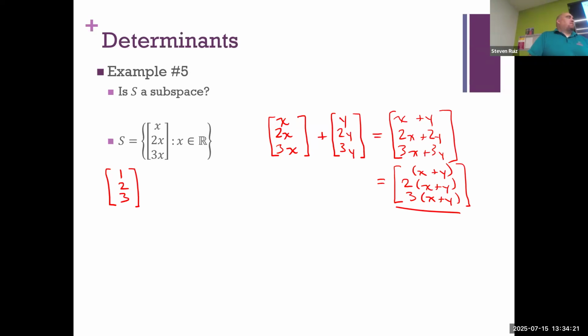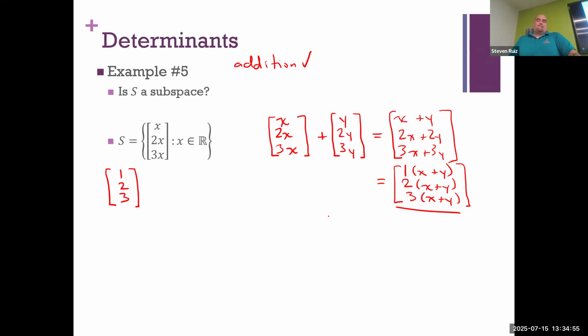Only if x plus y is real. Is it? It is. The real numbers are closed under pretty much anything. Certainly addition. So since x plus y is real, then I still have this relationship. The first coordinate is a real number. The second coordinate is double that real number. The third coordinate is triple that real number. I have closure under addition. So addition is good.